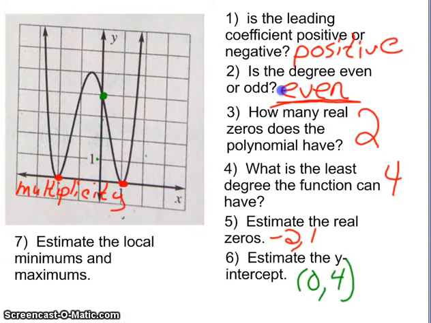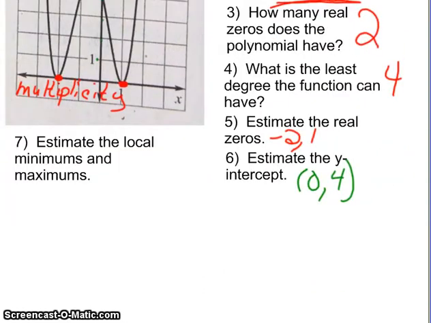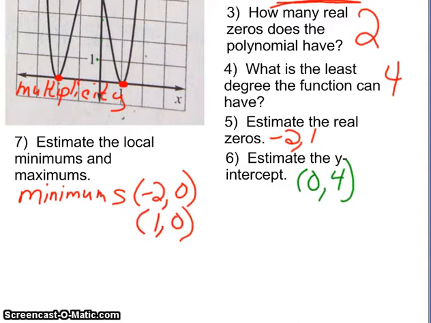Estimate the local maximums and minimums. Okay, well, the red 2 points, the 2 zeros, are minimums. So let's just write those 2 coordinates. We've got the local minimums at the 2 places where the zeros were, at negative 2, 0, and at positive 1, 0.